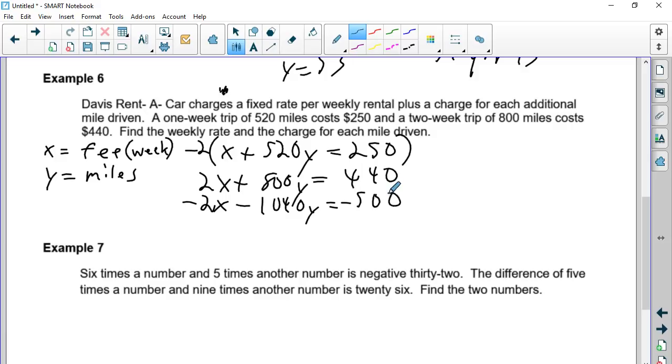Okay? Now, this is one of those situations where look what's going to happen. I'm going to get 800 minus 1040 and get a negative 240y. But don't worry, because over here I have 440 minus 500, which is going to be negative 60.